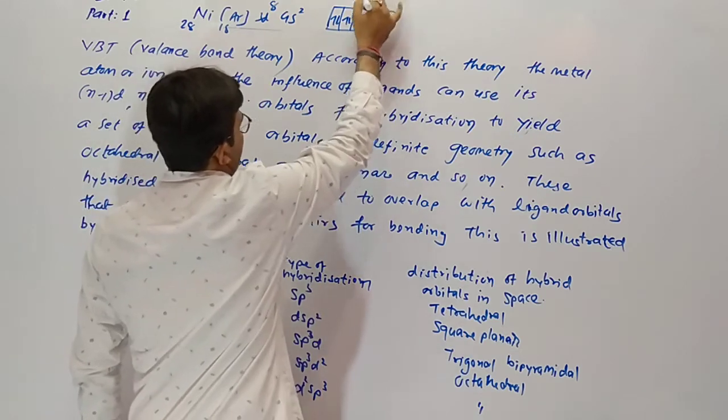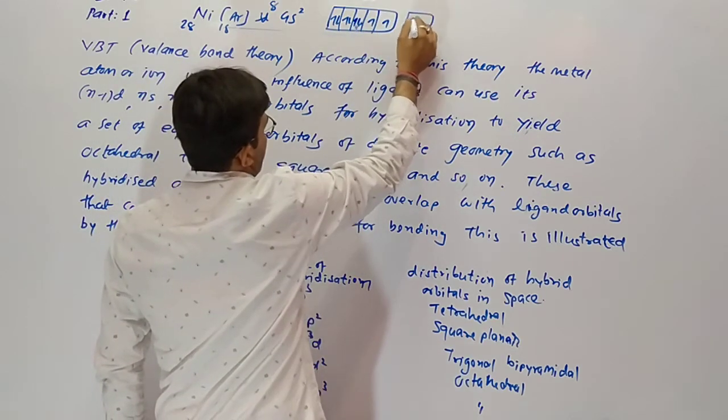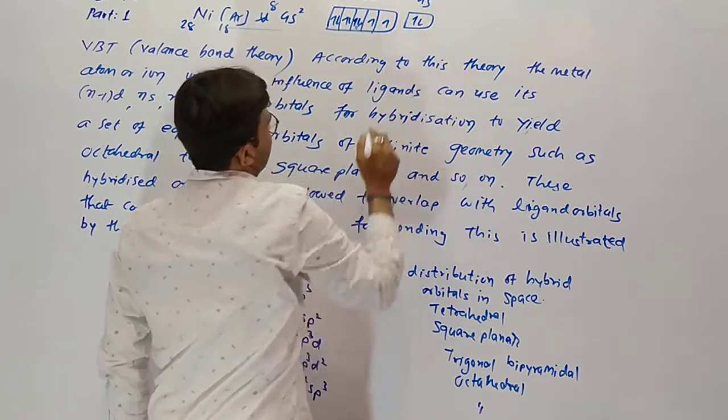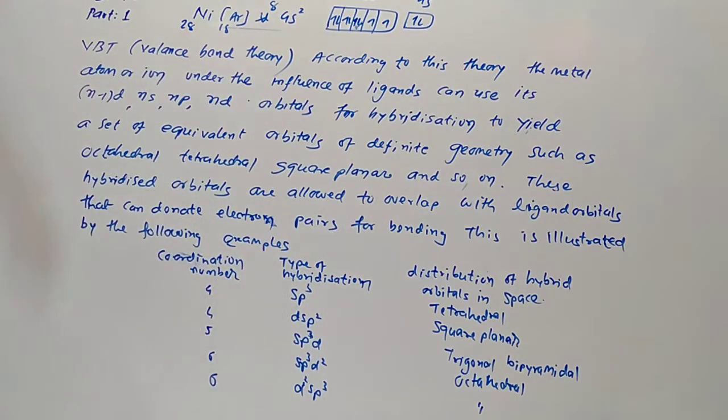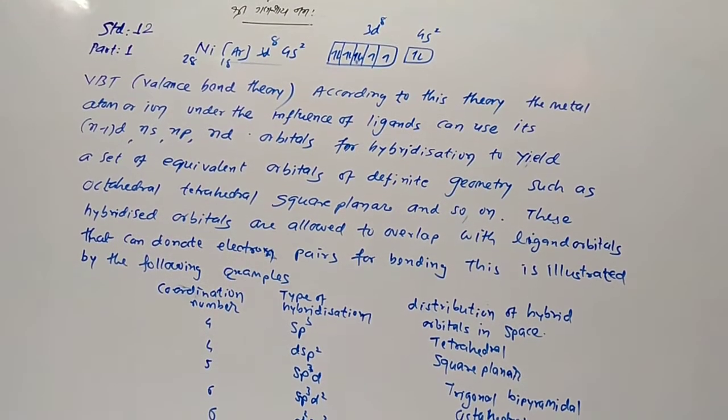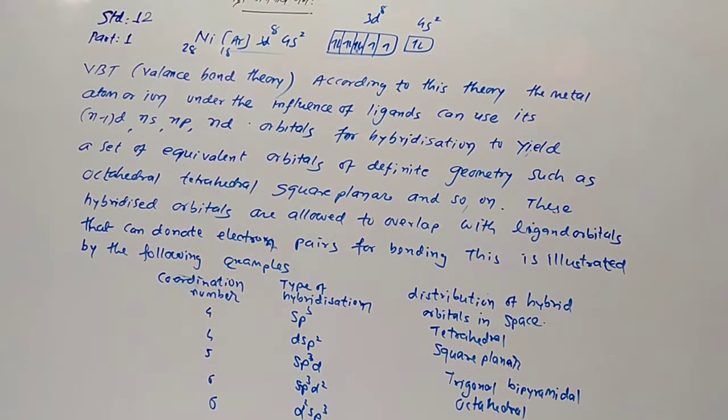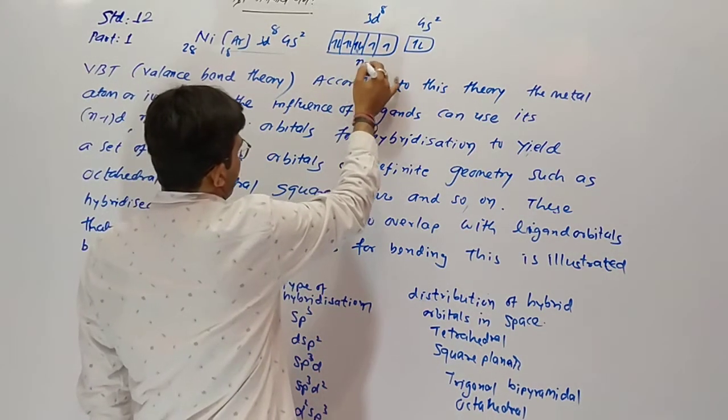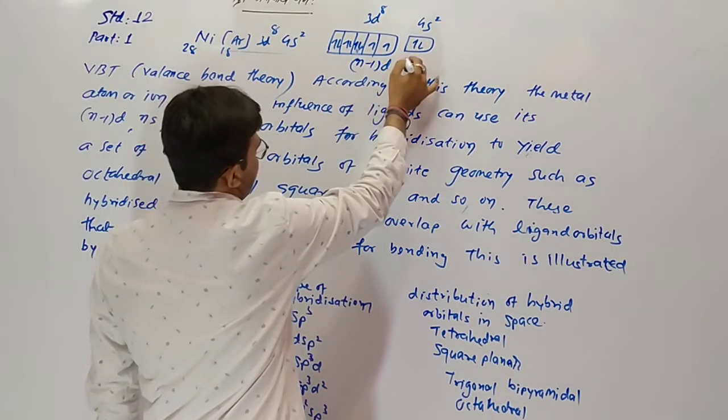You can see in 4s there are 2 electrons and in the d orbital there are 8. This one is 3d, so (n-1)d.